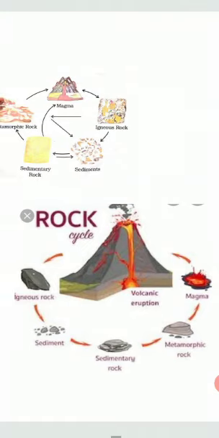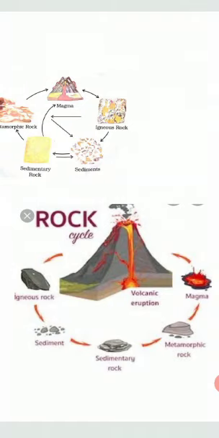After igneous rocks are formed, they are broken down into smaller particles and they are carried away and they deposit at one place, and later they form sedimentary rocks. So the igneous rocks are broken down into small particles. They are known as sediments.